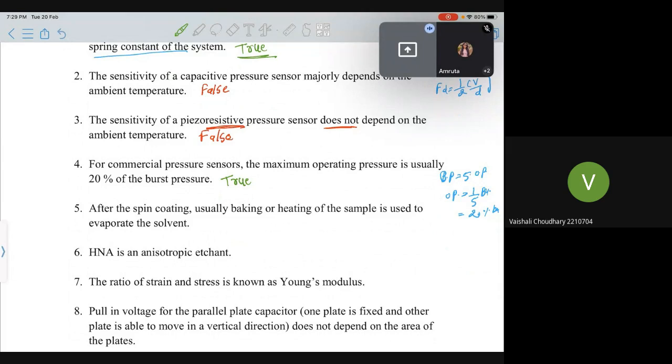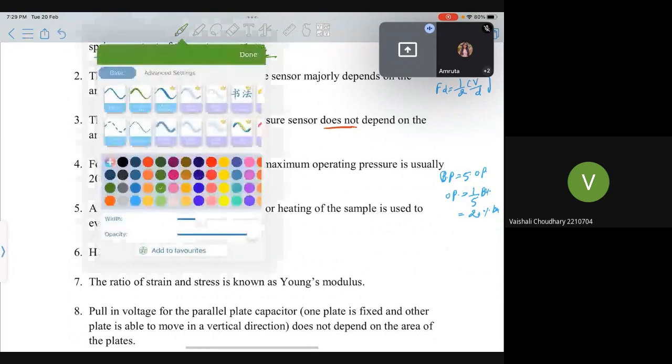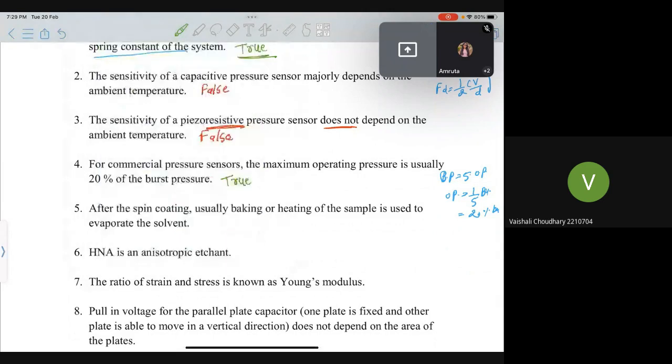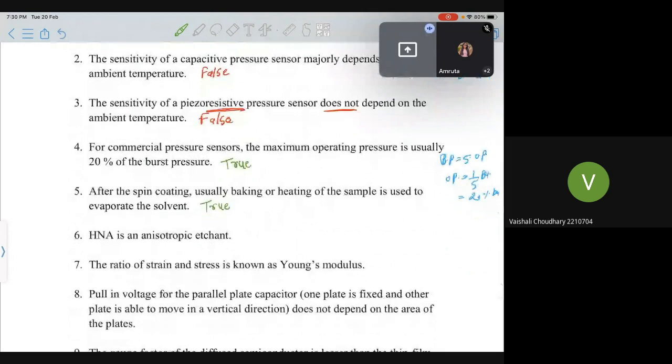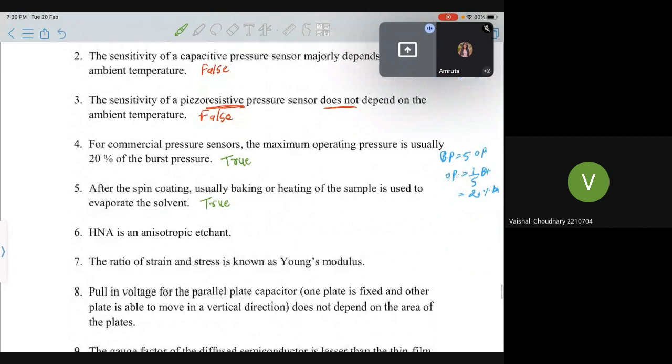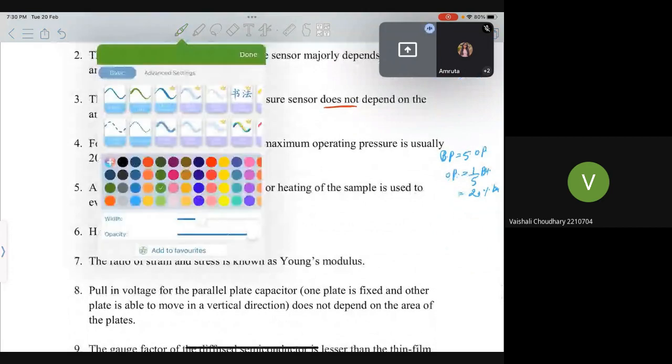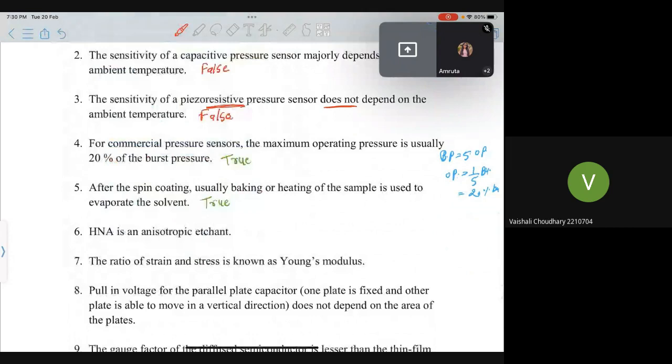After spin coating, just to remove the excess coating material, we use baking or heating. So this is true. Now the next question: HNA is an isotropic agent. As we have seen, this is not an isotropic agent, so this is a false statement.